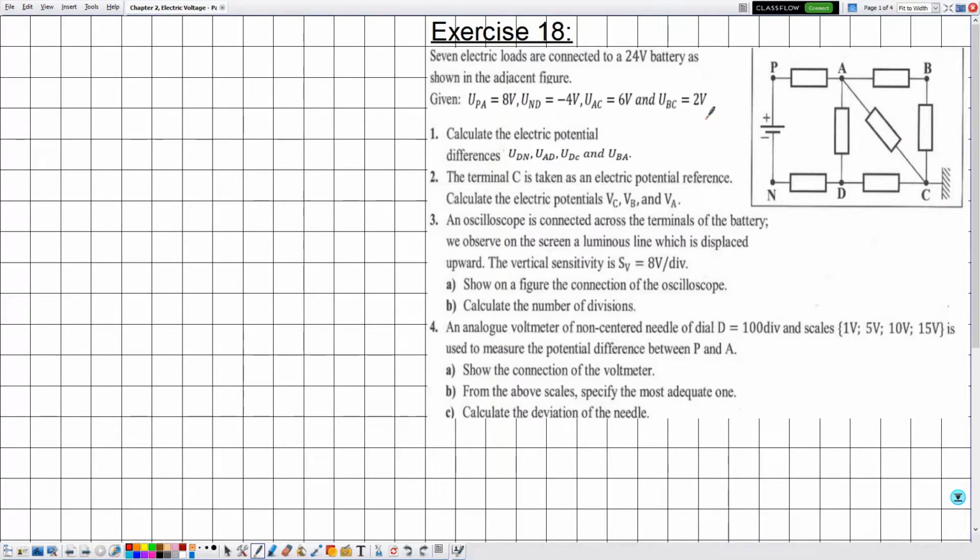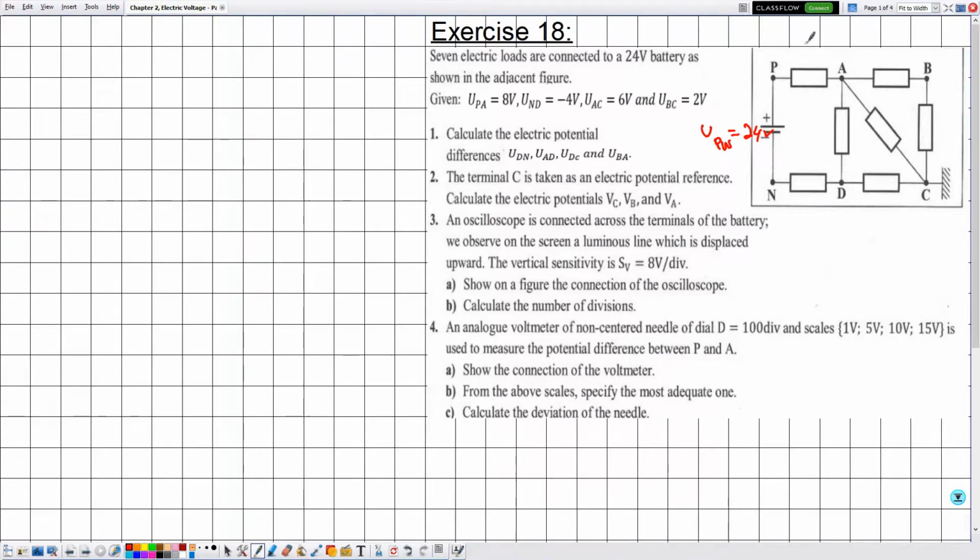Since we can distinguish always between UPN and UNP, for example. In this case, the voltage of the battery is 24, so we are measuring for sure from positive to negative. So UPN is equal to 24 volts.